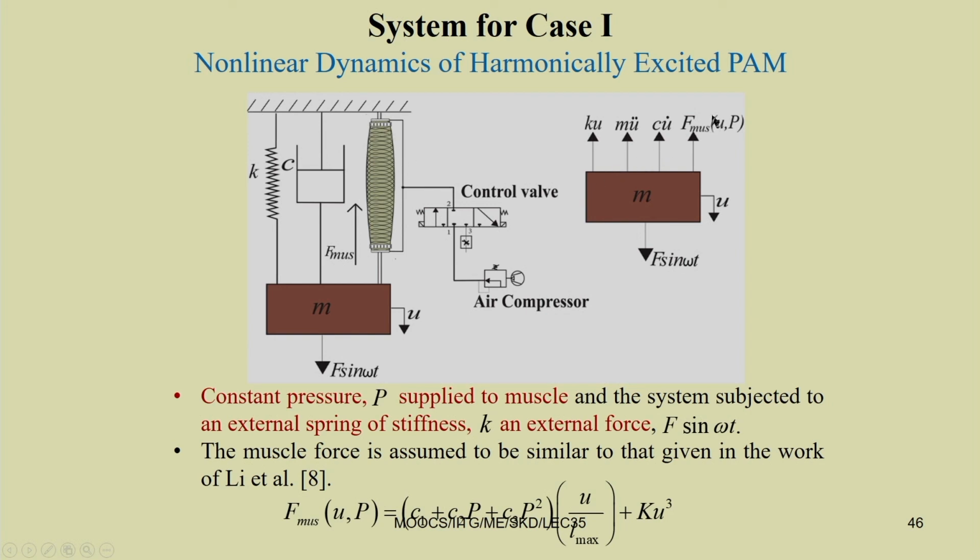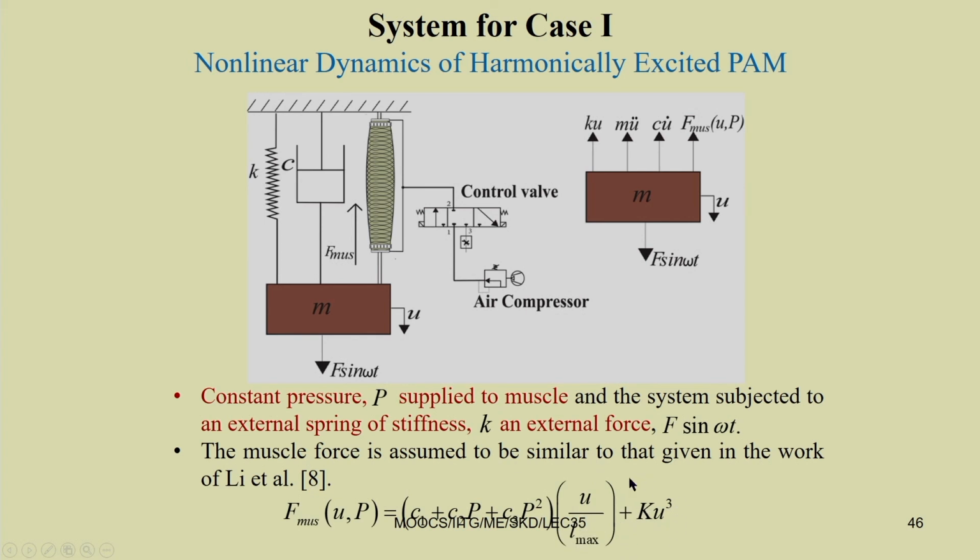So, this muscle force will be different, and it is a function of the contraction U and also the pressure P. So, this muscle force F muscle (U, P) can be written as C1 plus C2 P plus C3 P square into U minus U by L plus K U cube.